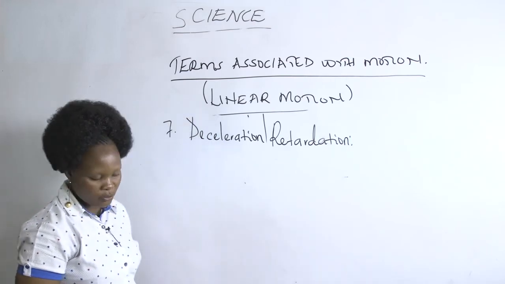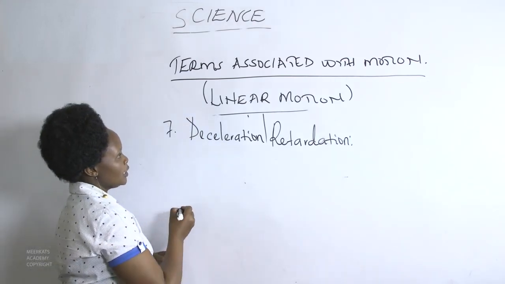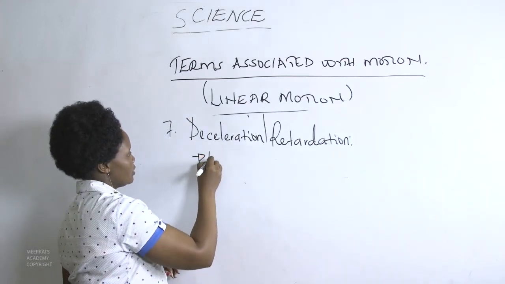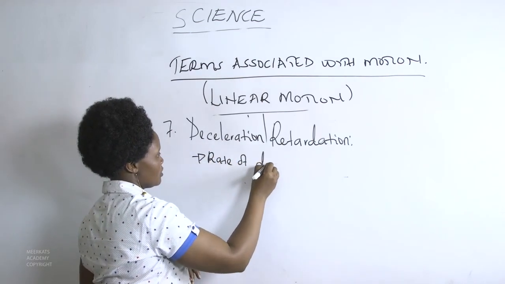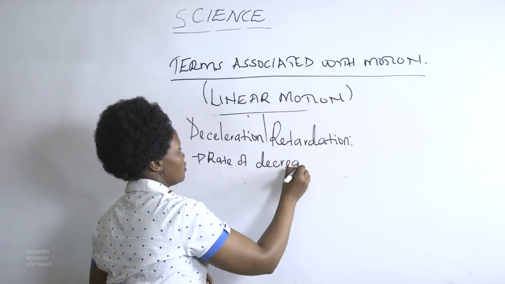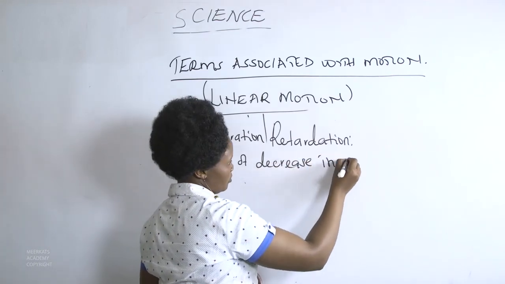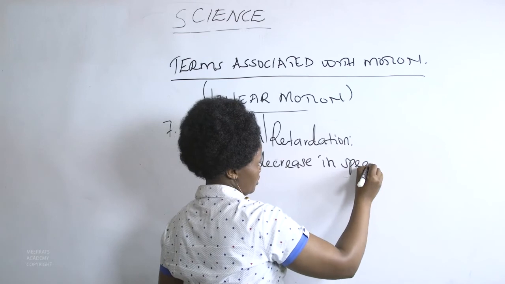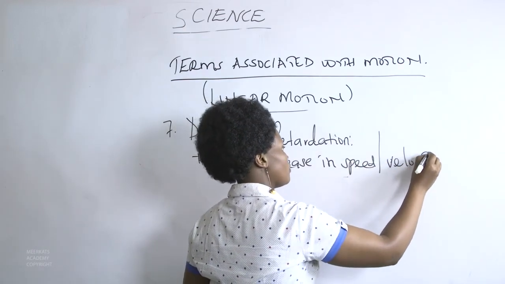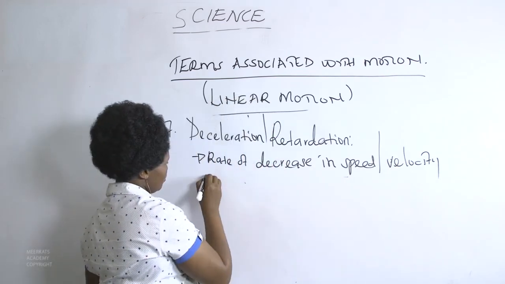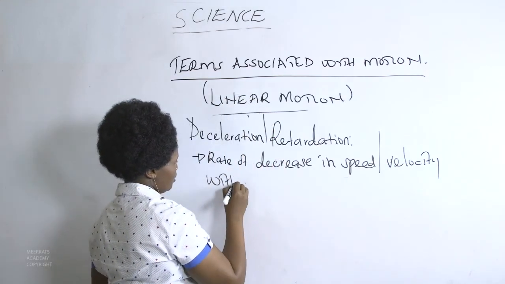Other books will call it retardation, and it is the rate of decrease in speed or velocity with time.